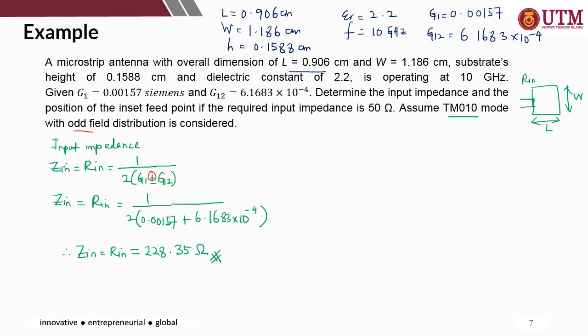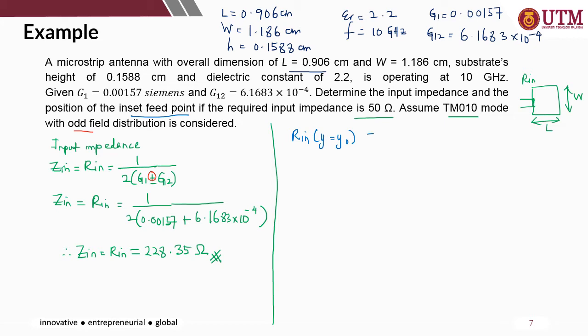Alright, next the question asks you to determine the feed point position, or the inset feed point position, if the required input impedance is 50 ohm. So R in when Y equal to Y naught. So now the inset feed point, meaning that the feed point has been moved from the edge to somewhere else at Y naught position.